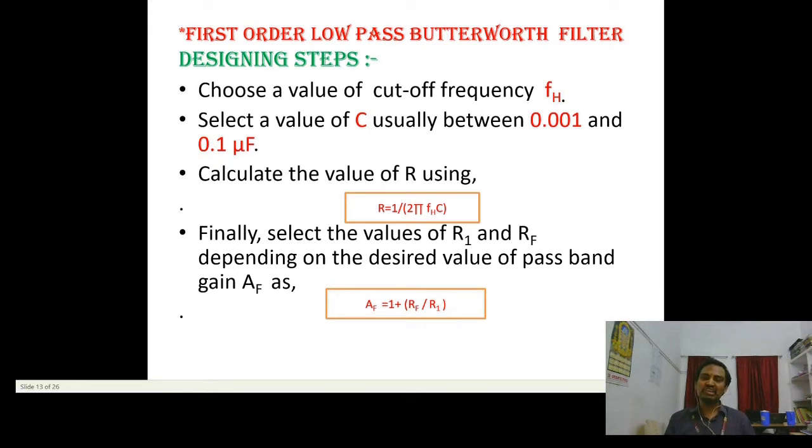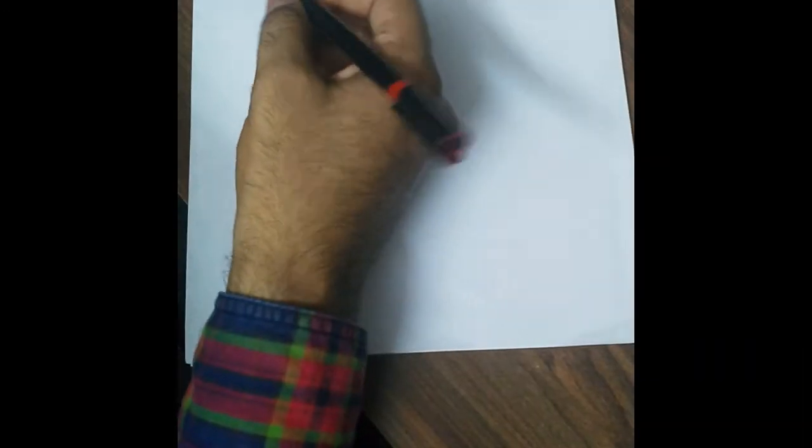You need to choose the C value in such a way that it is between 0.001 to 0.1 microfarad. That is very important. After choosing this value, you can calculate the value of R by using the formula 1 by 2 pi FHC. This is the third step. And the last step is to select the values of R1 and RF depending on the desired value of the pass band gain, that is AF equal to 1 plus RF by R1.